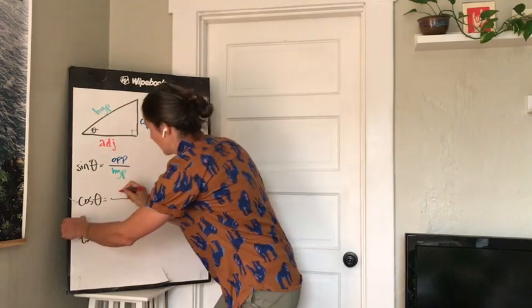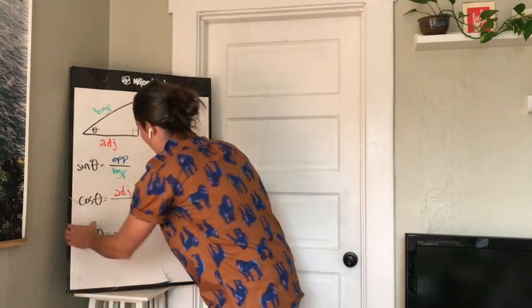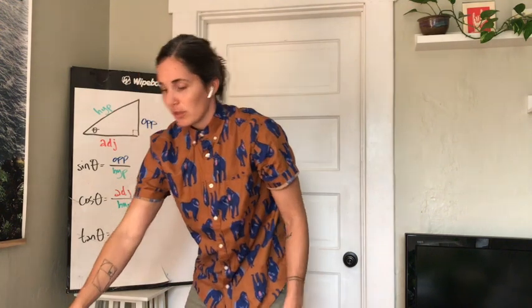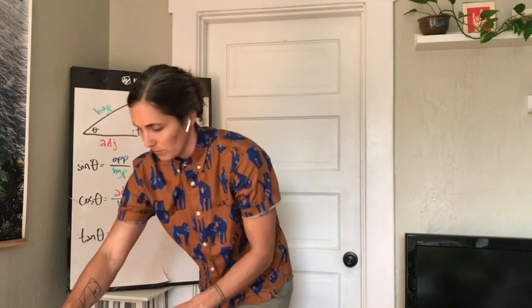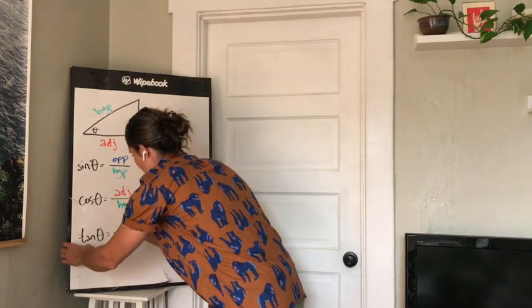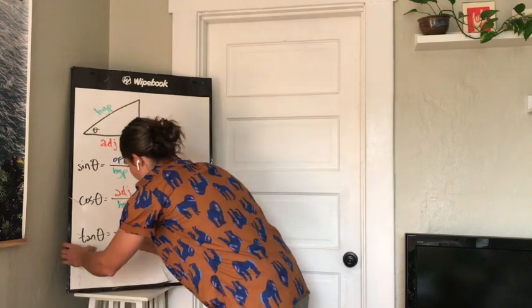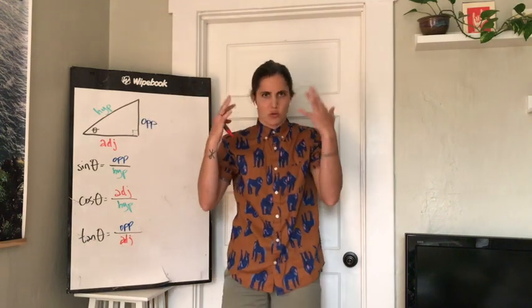So I can write it as adjacent and hypotenuse. And our last relationship, tangent, is defined as opposite over adjacent. So I've got opposite and I've got adjacent. Hopefully those are ringing a bell.